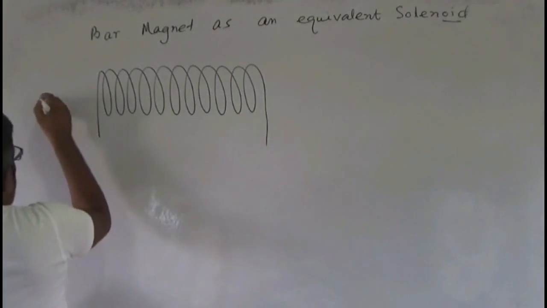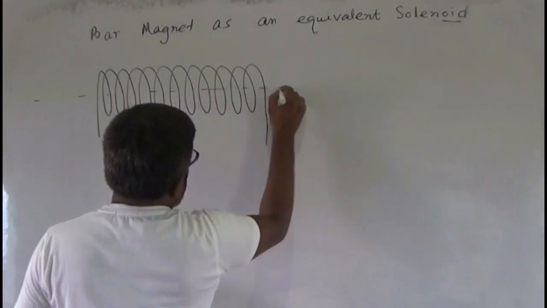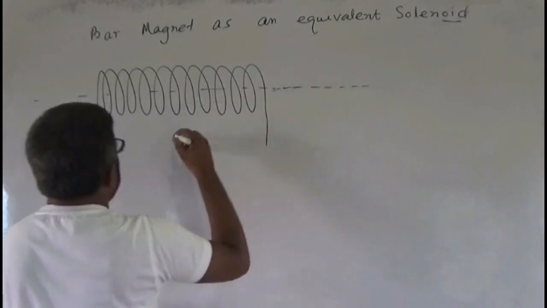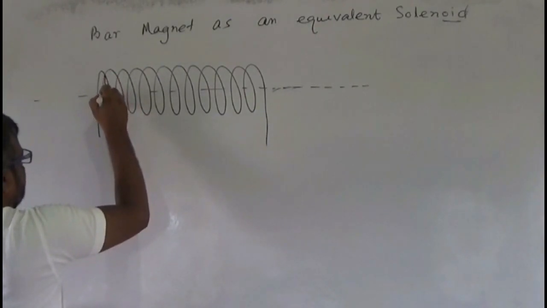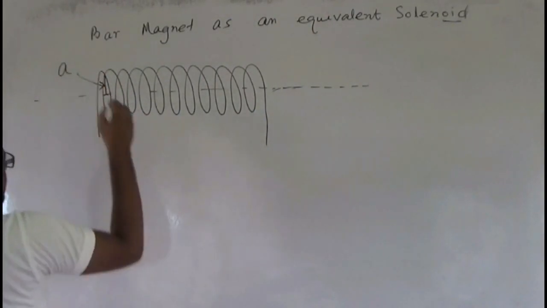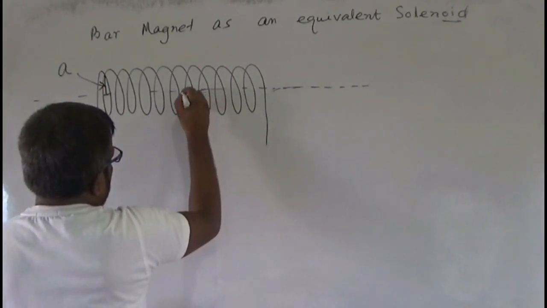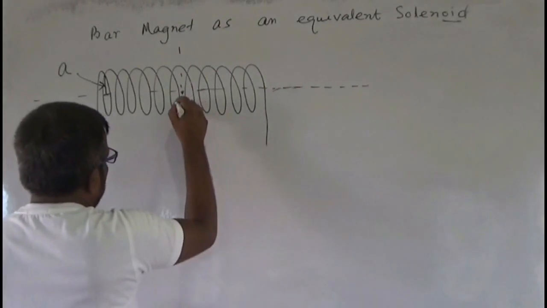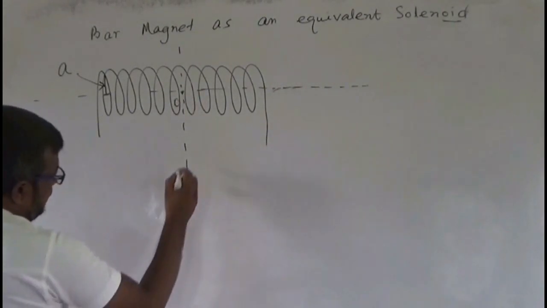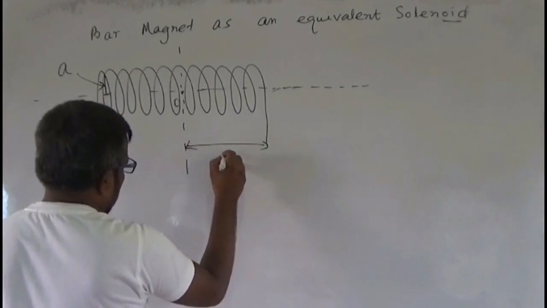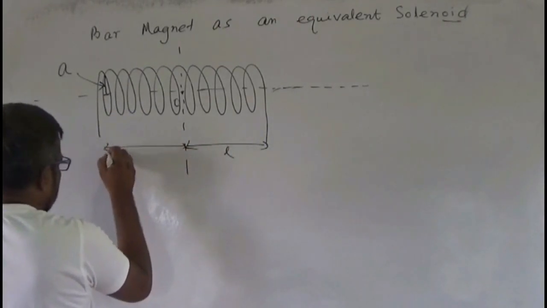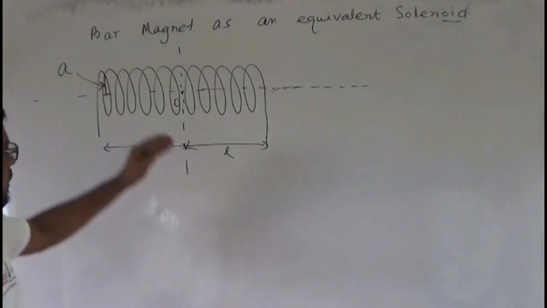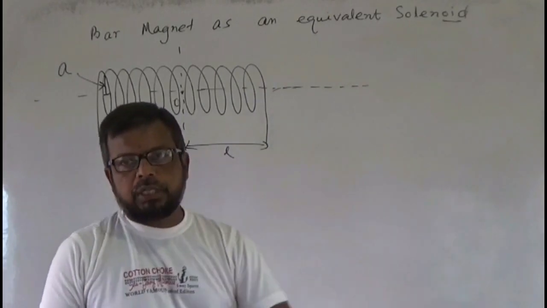This is a long solenoid, and this dotted line is the axis of the solenoid, and this is the radius of the solenoid, a. Let us say this is the center point O of the solenoid, and this length is l, and this length is l. Therefore, the total length of the solenoid is 2l. And this dotted line is the axis of the solenoid.